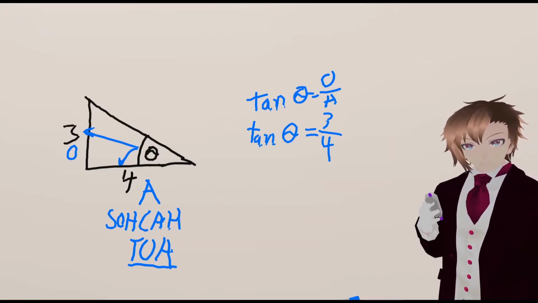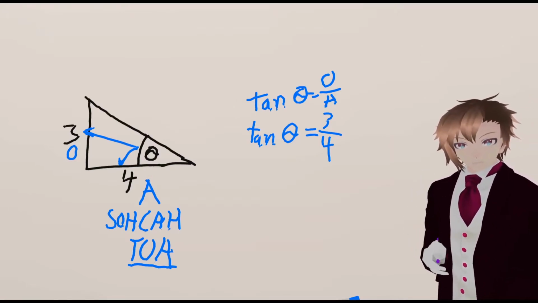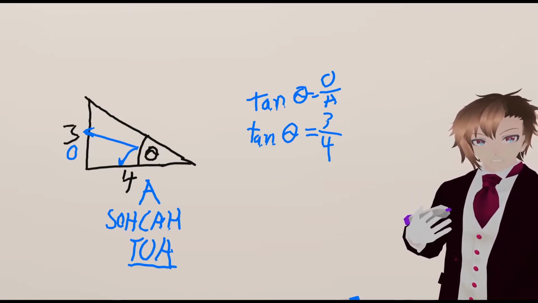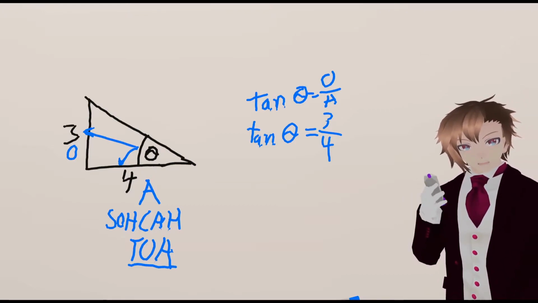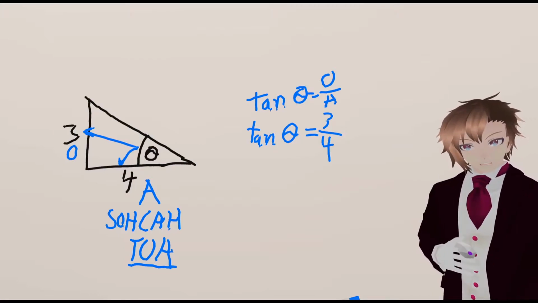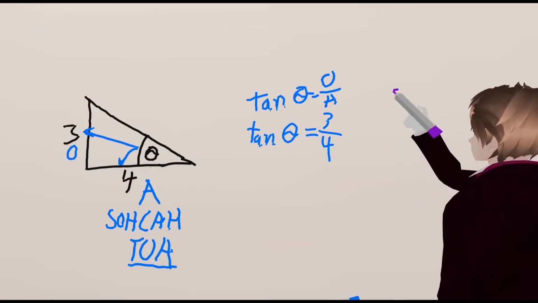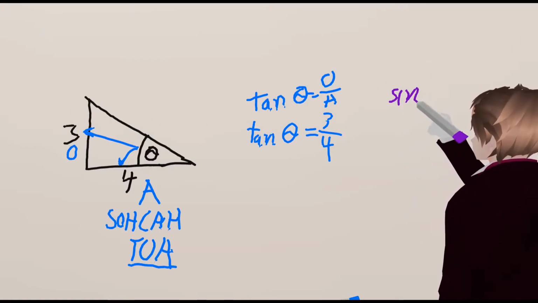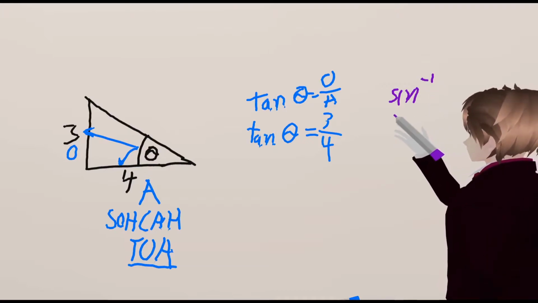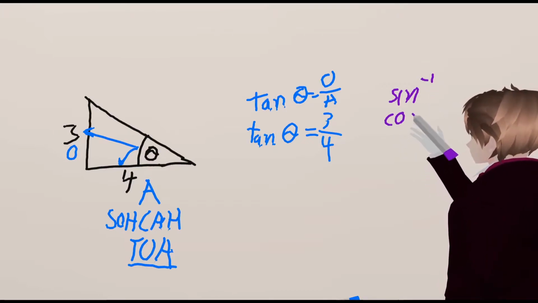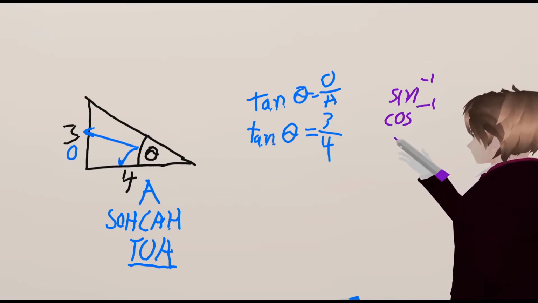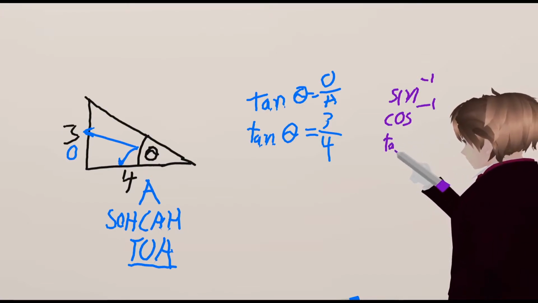When you push this second button, you will see above sine, cos, and tan, there is sine to the negative 1, cos to the negative 1, and tan to the negative 1.